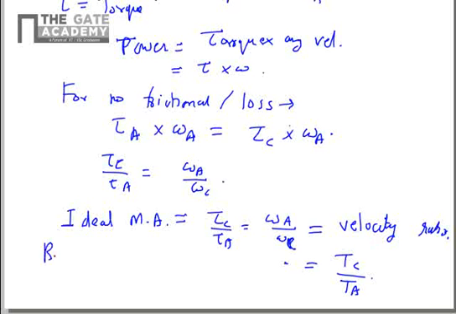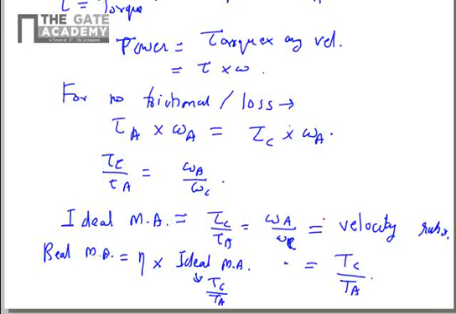In case the effect of friction has to be taken into account, then the real mechanical advantage will be equal to the efficiency of the system multiplied by the ideal mechanical advantage. So the ideal mechanical advantage you can get from the gear ratio TC by TA. The real mechanical advantage, if the efficiency is known, you can get.